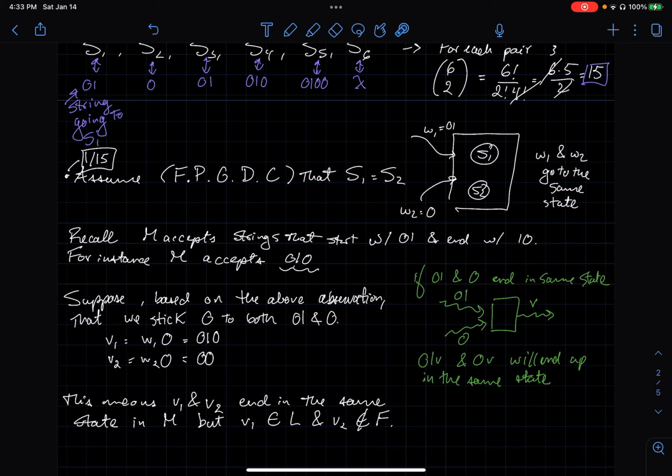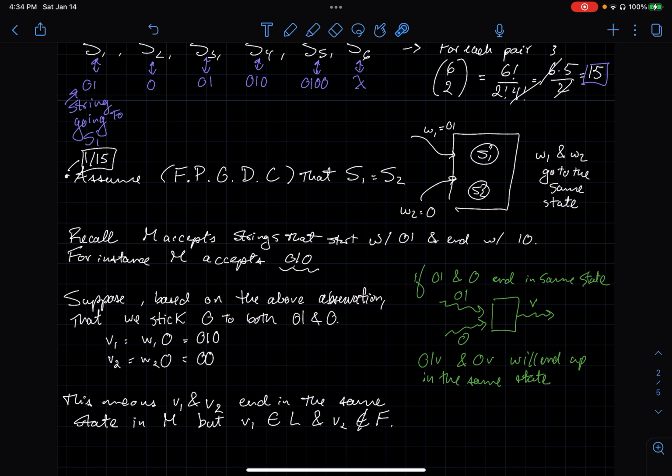Because that means that if I were to collapse these two states together, then I have two strings which should end in the same state, where for one of these strings, this state should be a final state, and where for this other string, this state should not be a final state.